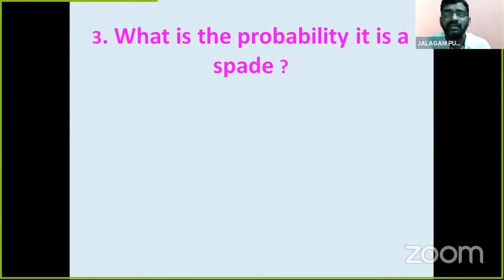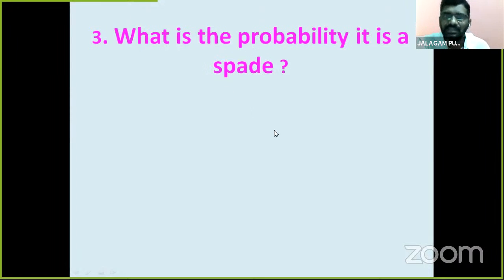Next, third one. What is the probability that it is a spade? This is also the same: favorable outcomes divided by total possible outcomes. How many are favorable to spade?